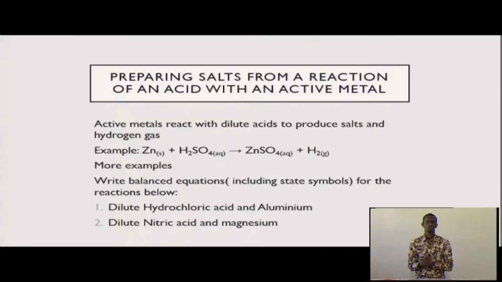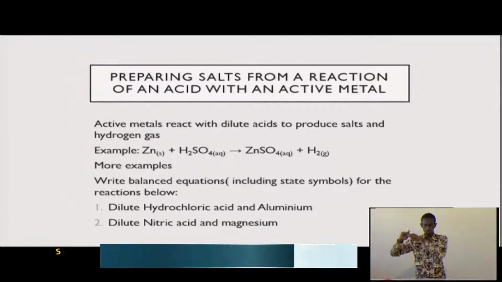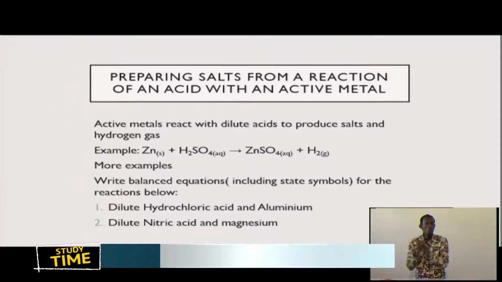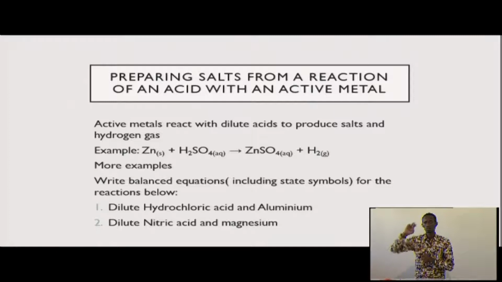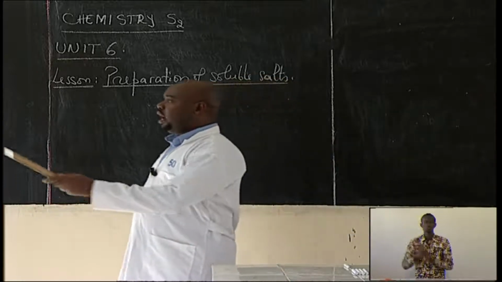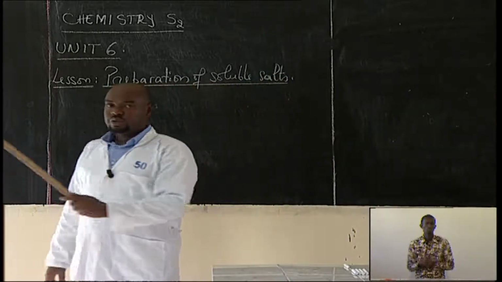Preparing salts from a reaction of an acid with an active metal. Think about an example of an acid. An acid, you know. And here we are starting with an acid and an active metal.